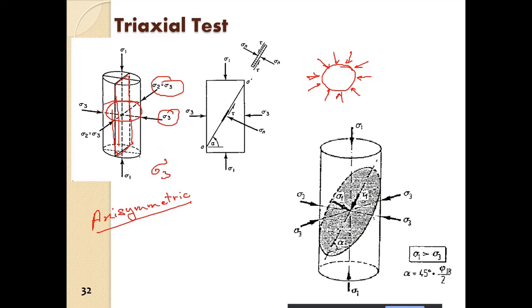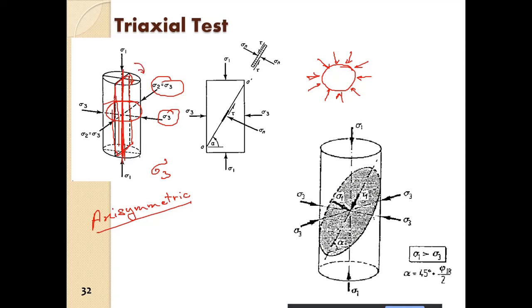You rotate the plane in any direction, not about the z axis, but about the axis of the sample. You rotate the plane in this manner about this axis.